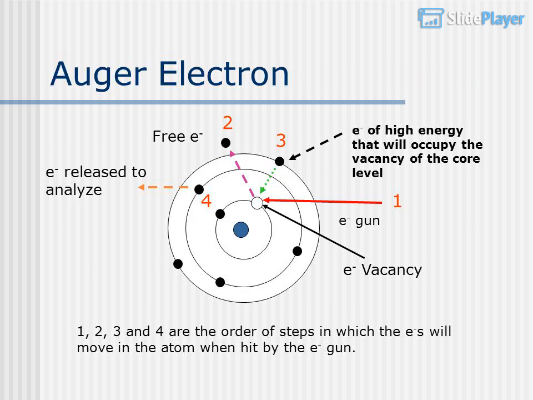Auger electron. Steps 1, 2, 3, 4: free electron released to analyze, electron vacancy, electron of high energy that will occupy the vacancy of the core level, E-gun. 1, 2, 3 and 4 are the order of steps in which the electrons will move in the atom when hit by the E-gun.